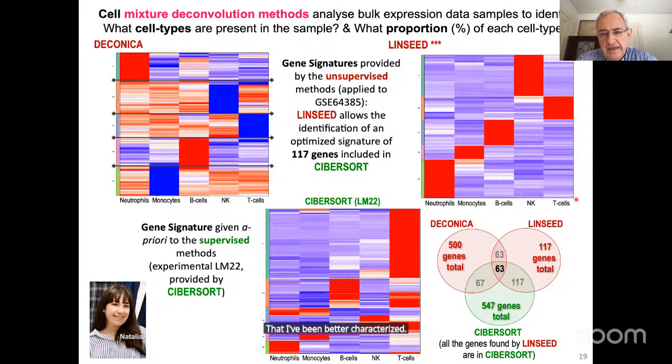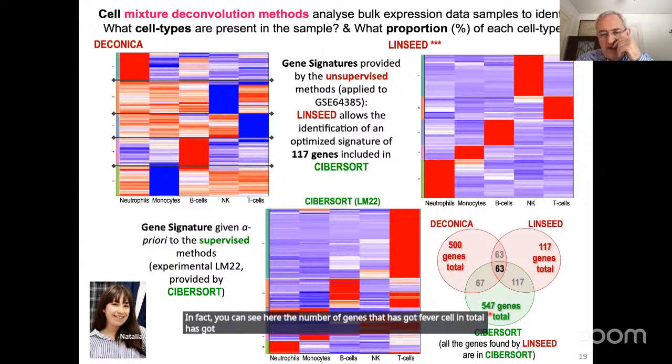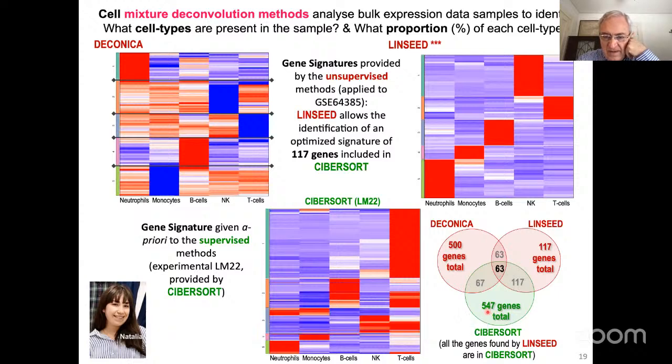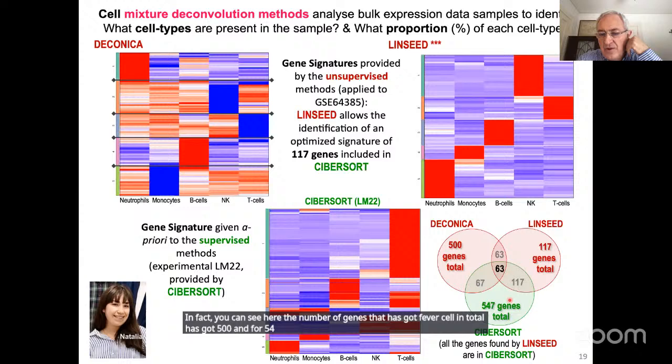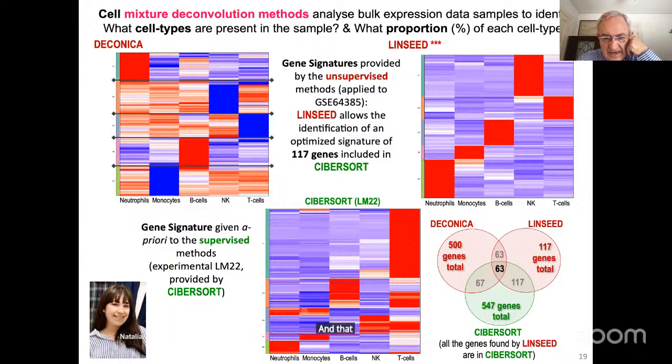In fact, you can see here the number of genes that Cibersort has in total, 547 genes, and they are here in this heat map.